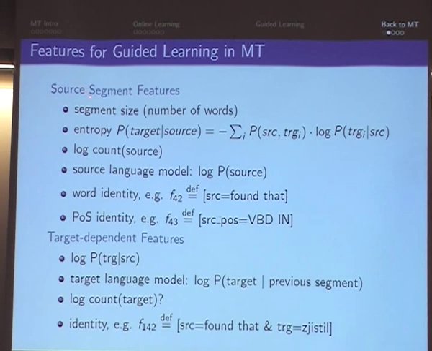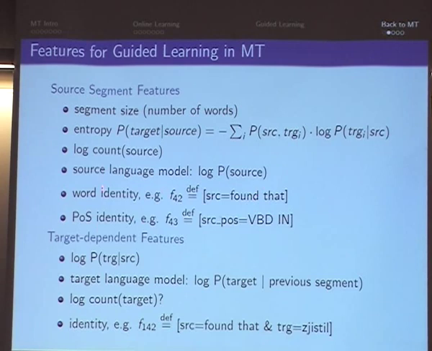Actually, the features you can use can be divided into features where you look only at the source segment. So you can look at how large the segment was, what the entropy was for all possible translations for this segment, but you don't look at a particular translation. You just take them all. So probably I would guess that segments with lower entropy, where you are more sure what the correct translation should be, should be translated first.